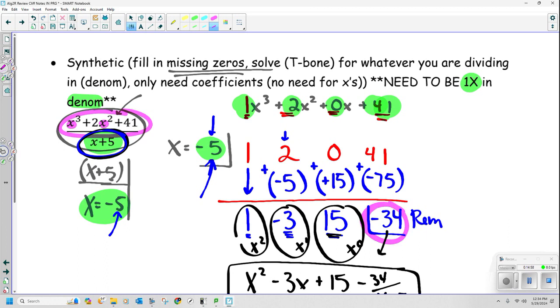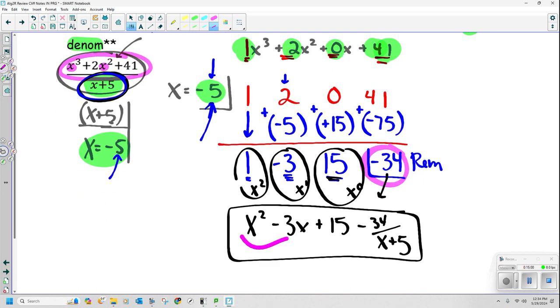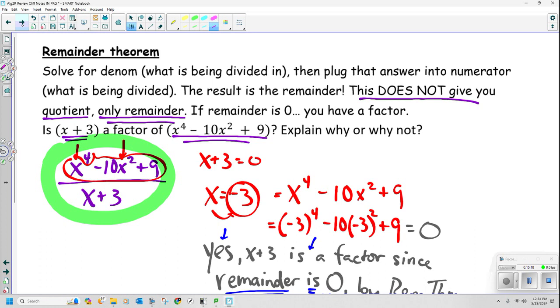It would not give me this part. It would just tell me the remainder, negative 34. Okay, so if you have to divide, you got to use synthetic or reverse tabular. But if they're just asking you if something is a remainder, plug it in.